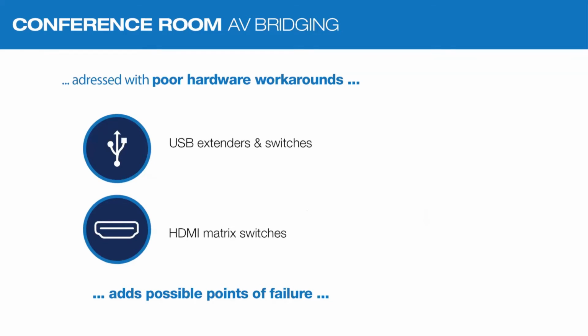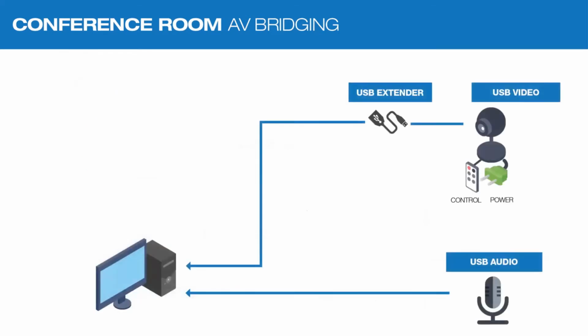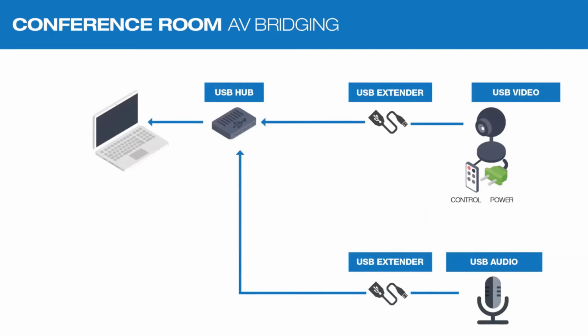This just adds more costs and more points of failure. So looking at this example, it's a small room, so it shouldn't be a problem. There's one extender for the USB webcam and USB audio to the room PC. That goes to the PC via USB, and this is fine. But as soon as we need to scale this up, we can possibly run into problems.